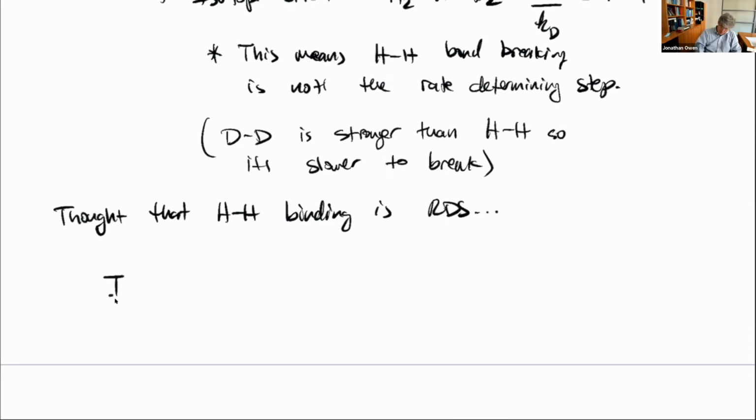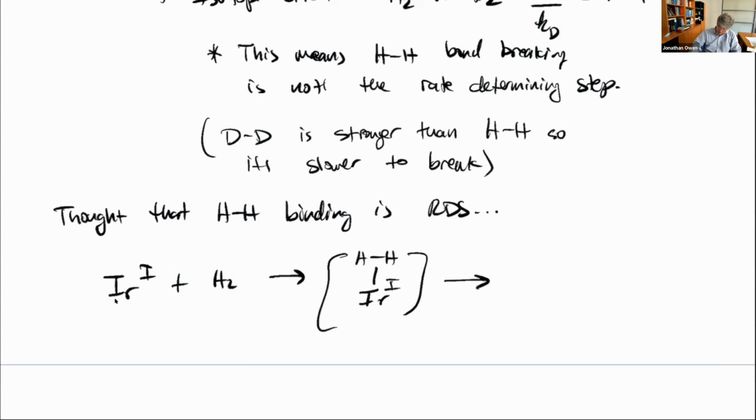So you have iridium 1, it adds dihydrogen, and you end up with what's called a dihydrogen complex that then undergoes hydrogen-hydrogen cleavage to go to iridium 3. And this is slow.